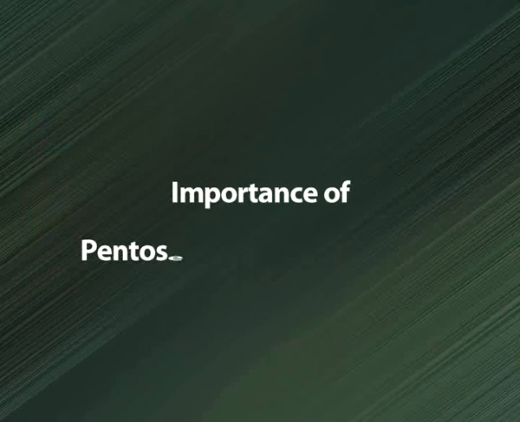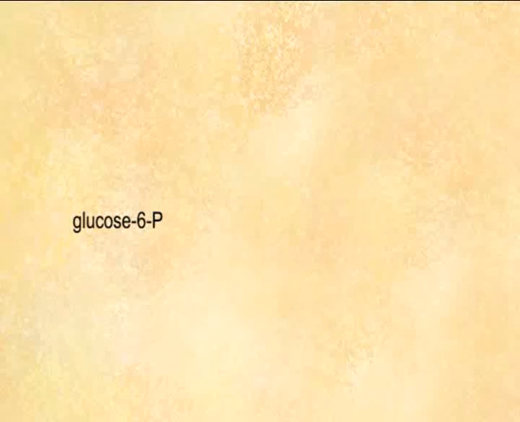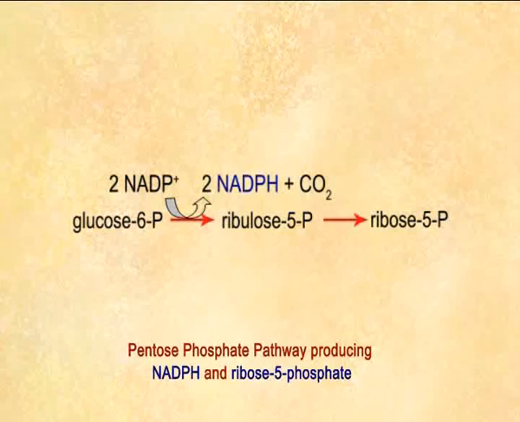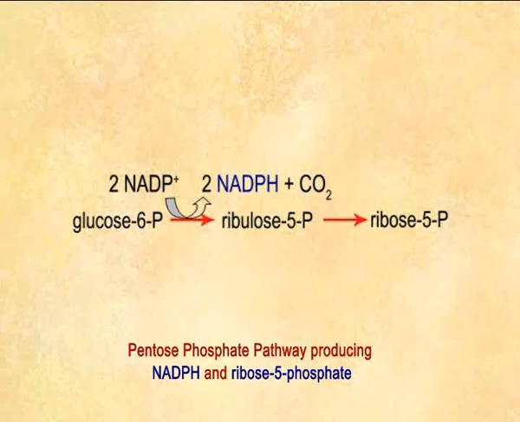Now, importance of the pentose phosphate pathway. The pentose phosphate pathway produces NADPH and ribose 5-phosphate. Ribulose 5-phosphate may be converted to ribose 5-phosphate, that's actually a substrate for synthesis of nucleotides and nucleic acids and some other coenzymes.